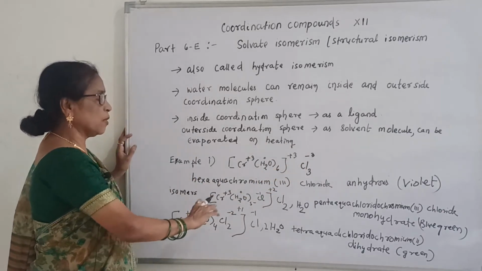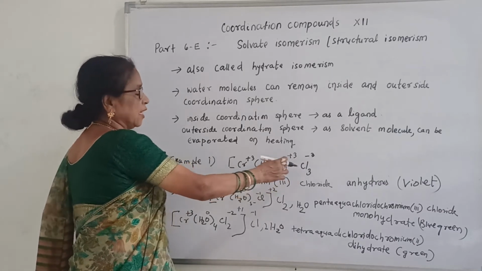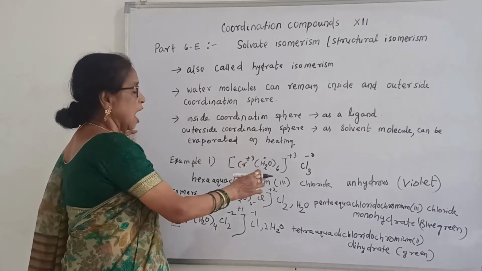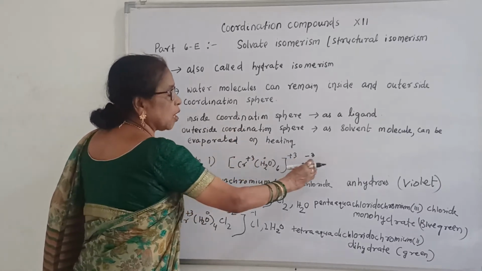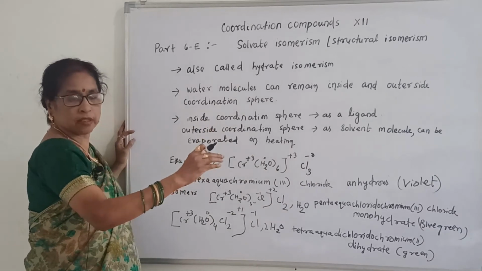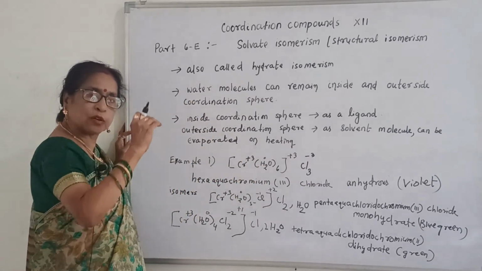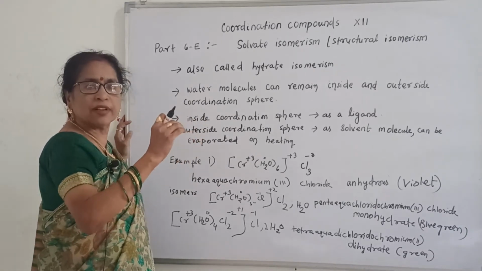Then its isomer, what to do? Here one chloride ion you take inside the coordination sphere as a ligand, and from the coordination sphere you take one water molecule to outside the coordination sphere. If you take a water molecule from inside to outside, it will behave as a solvent, not as a ligand.